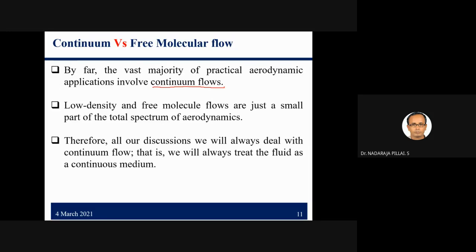Low density and molecular flows are just a small part of the total spectrum of aerodynamics, because we deal with them only at hypersonic flow. Therefore, in all our discussions in aerodynamics, we will deal with continuum flow. That is, we will always treat the fluid as a continuous medium.